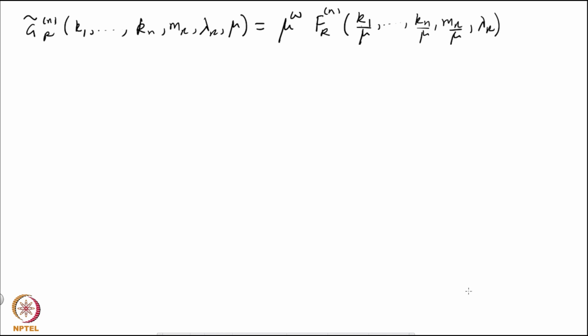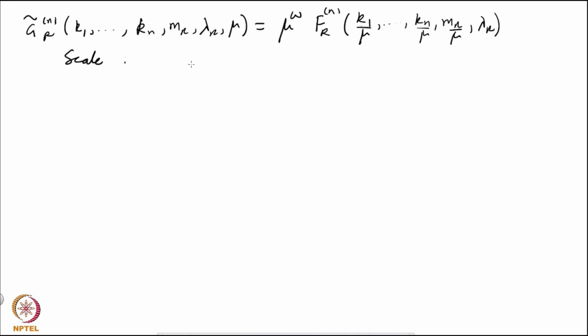Now, what I want to do is scale each of the dimensionful objects here, like K1, K2, all this, by a scale S. So I will scale each of these objects in the argument.